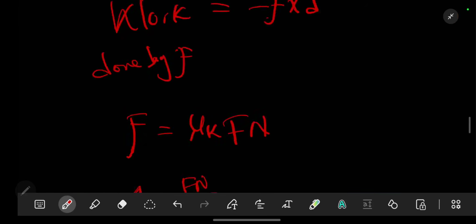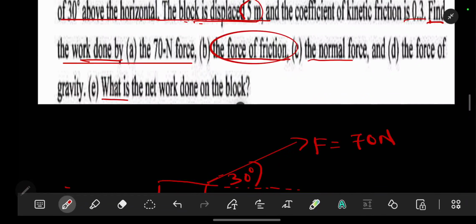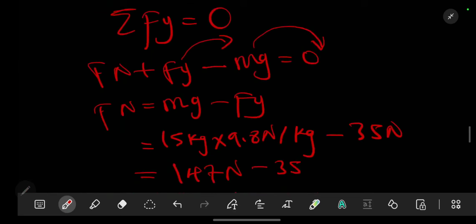Last but not the least, if we are required to calculate the net work, meaning the resultant, or when you add all the works, what do you have?